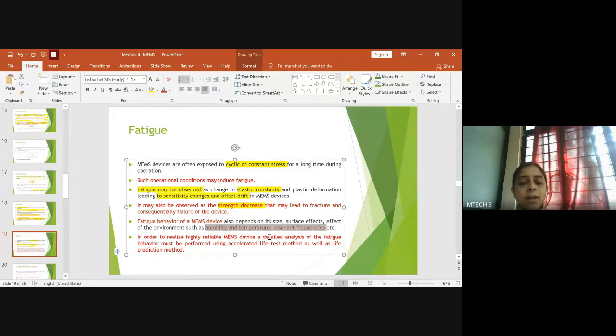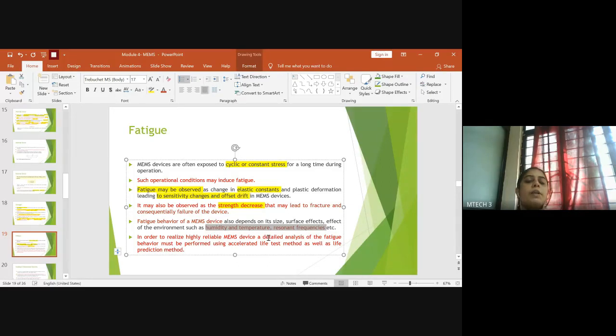If fatigue comes into the picture, the strength comes down, obviously it gets scrapped, fracture comes into the picture, and the life of that device comes down, and you cannot say that this device could be reliable for the future. So always be careful that any device should not come across fatigue.